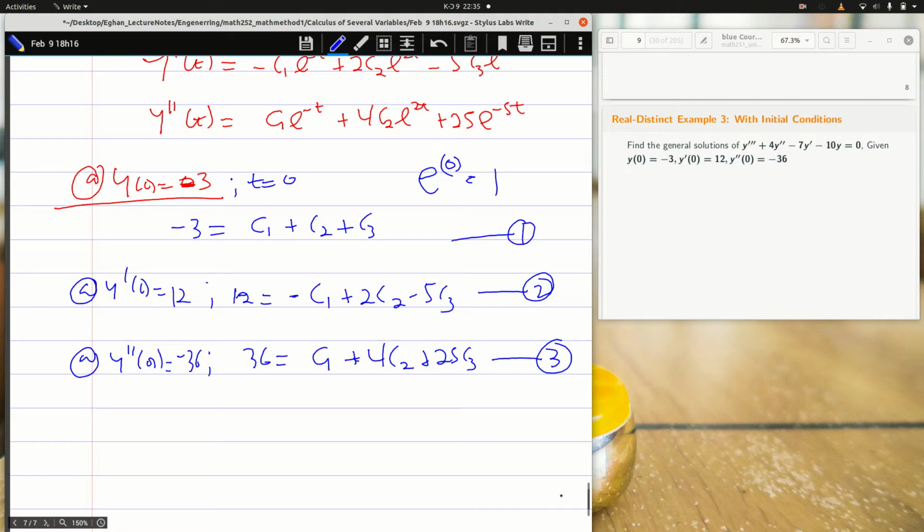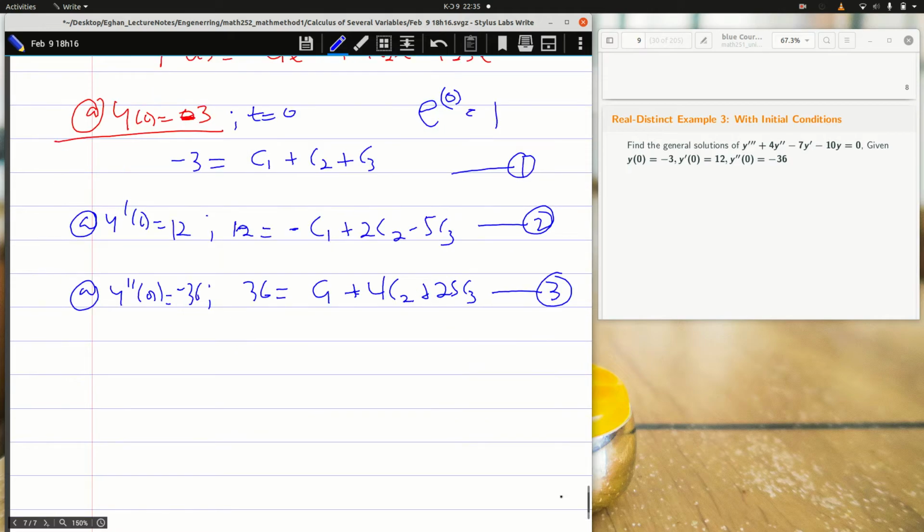Any way you want to solve this system of equations is up to you. As I always say in class, there are many ways of killing a cat, and that is the beauty of mathematics. There are many ways to arrive at the same answer or solution. So you can use the elimination method, the substitution method, or the matrix approach.